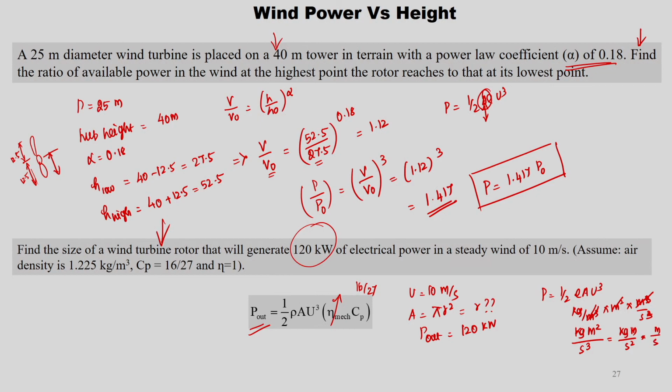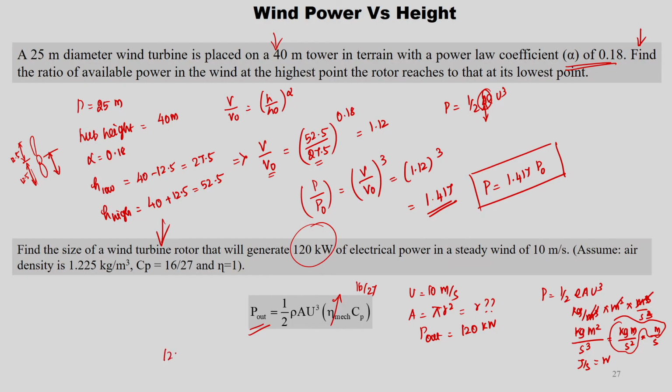So, this is nothing but force into distance per second, Newton meter upon second. So, joules per second, that is power. Remember joules per second is nothing but watt. Your power is given in kilowatt, so one should be careful when substituting.